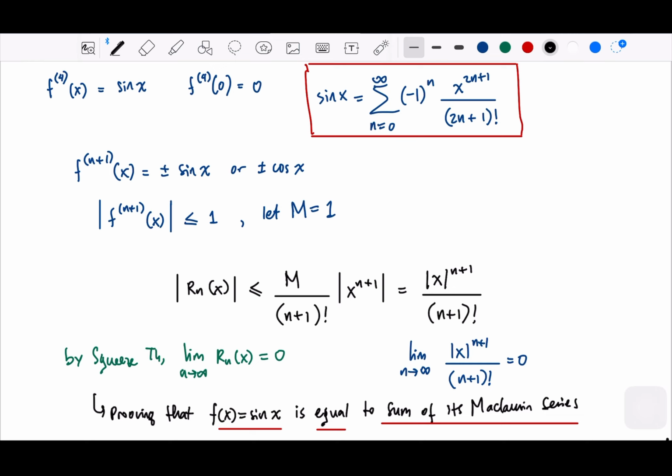Or else, if you want to just memorize this part, I think it's still okay.